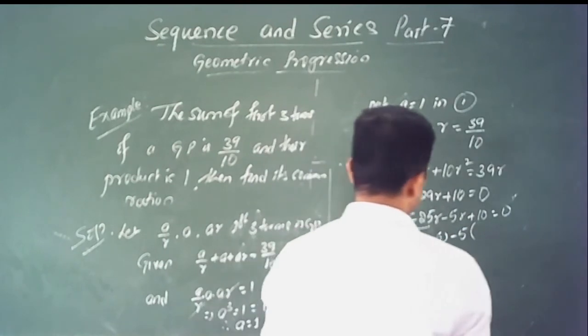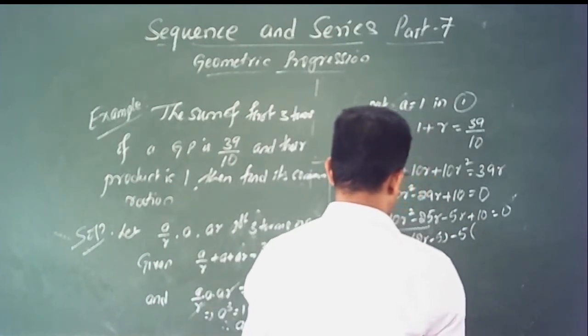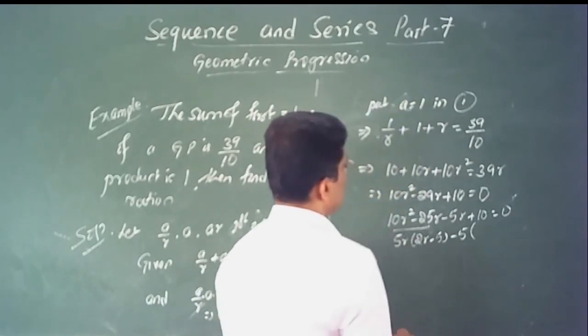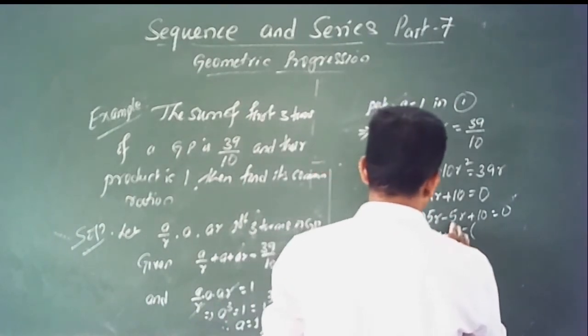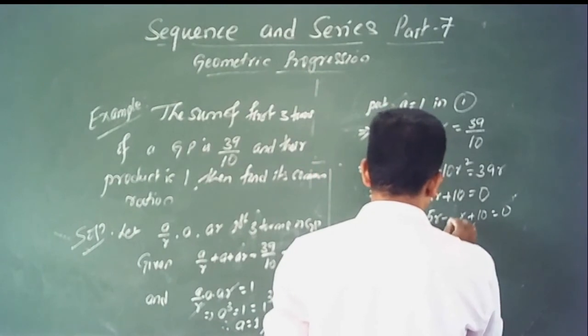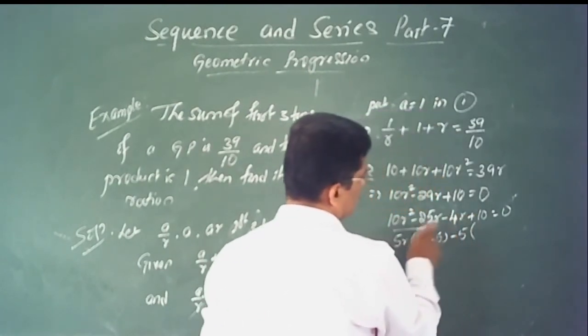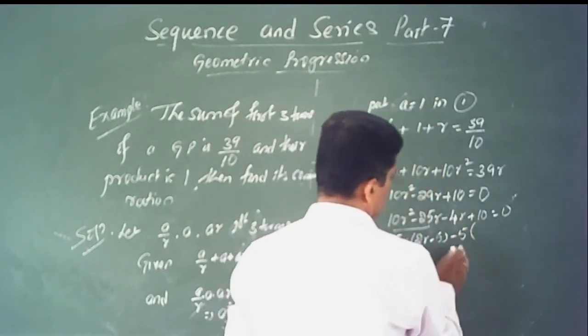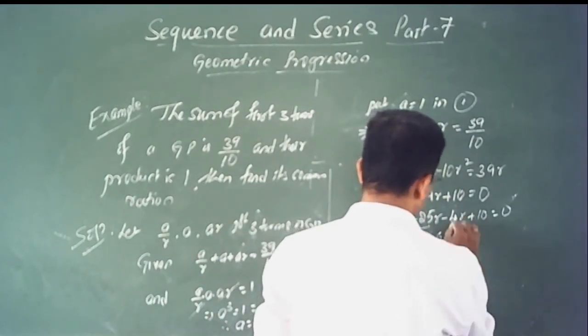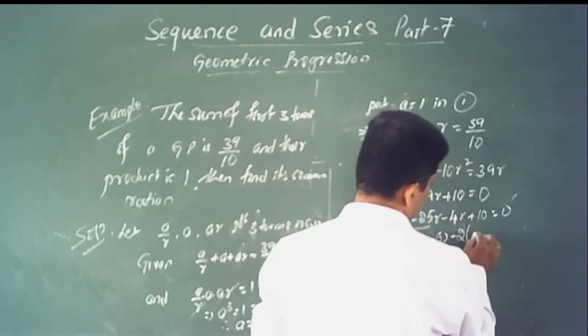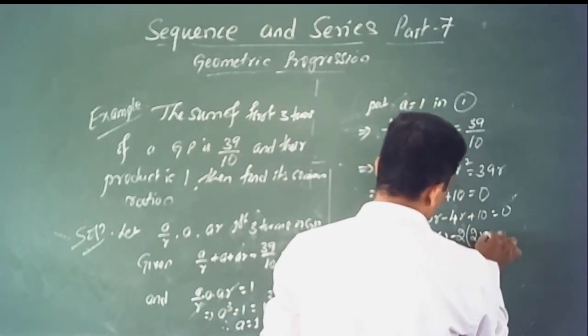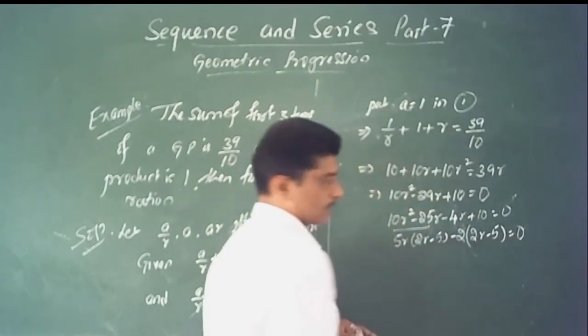So 10R square minus 25R minus 4R plus 10. Splitting minus 29 as minus 25 and minus 4, the product is 100. Here taking 5R as common from the first two terms and minus 2 from the last two, we get 5R into 2R minus 5 minus 2 into 2R minus 5 is equal to 0.